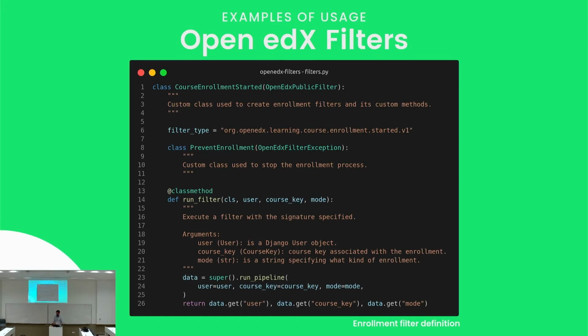And this is an example of how I would write a class for that. This is the definition of the specific filter I'm using, course enrollment started, and I can see there that it has an exception called prevent enrollment. So I can raise that exception anytime I want during my code, and the platform will respond to that.